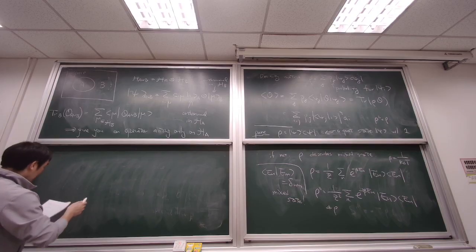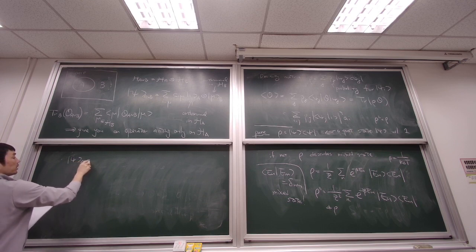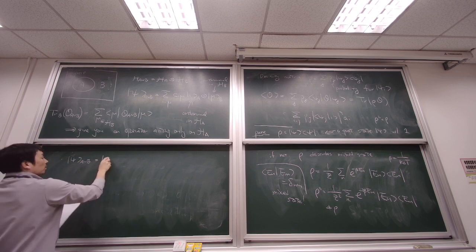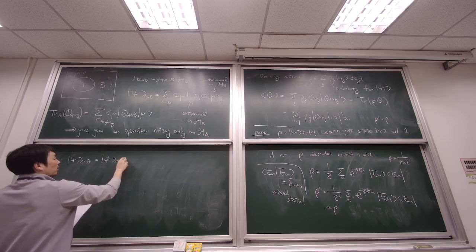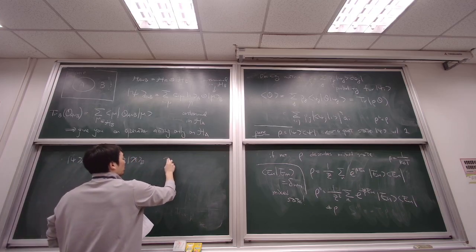Okay, and then the state. If the state psi_{A cup B} is just a tensor product of phi and chi this way, then it's called separable.